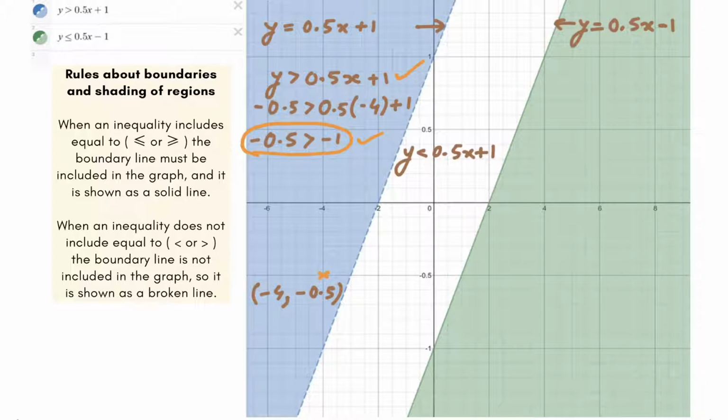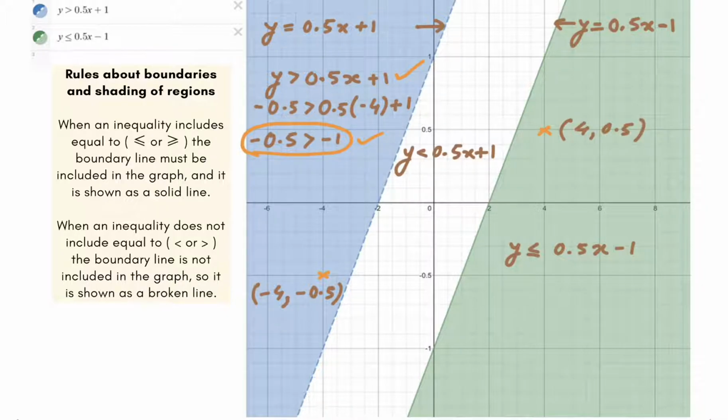Now for the other part, that is the green region, if we take the shaded region as y less than or equal to 0.5x minus 1, let's test it on a point. Let's say the point is 4, 0.1.